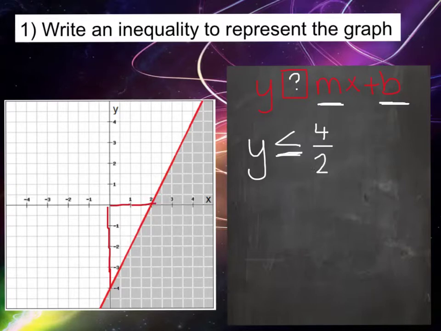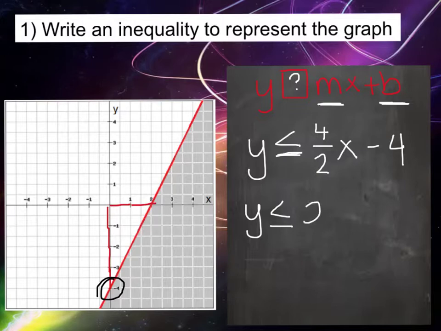So it looks like we're going to have to reduce that slope, x. And then we need to have our y-intercept, and our y-intercept is where the line intercepts the y-axis at -4. So we write -4. And since we reduced the fraction, I'm going to simplify the equation. It's y less than or equal to 4 divided by 2 is 2x minus 4.